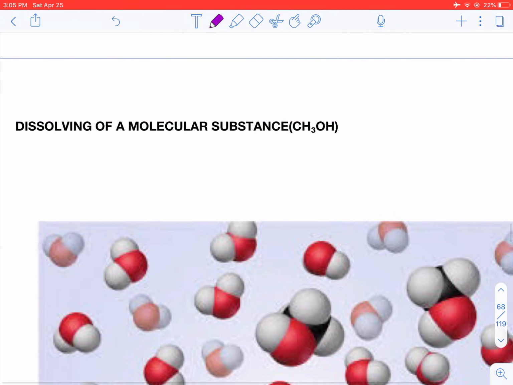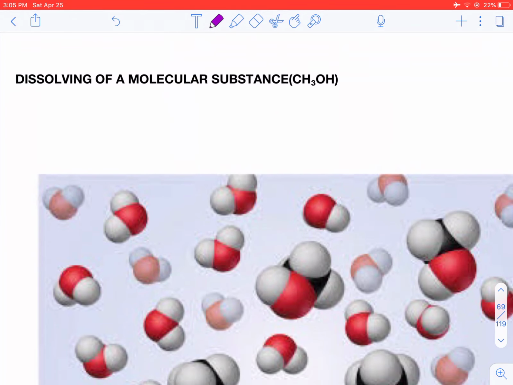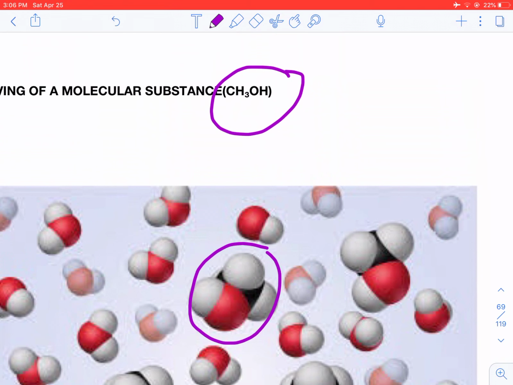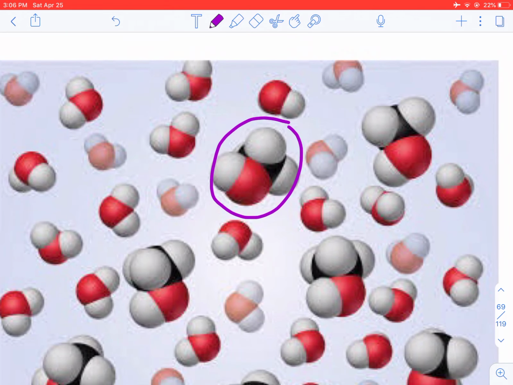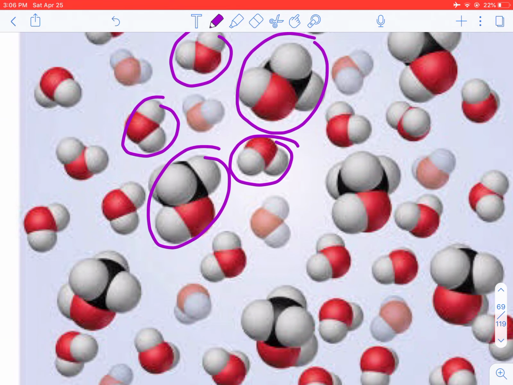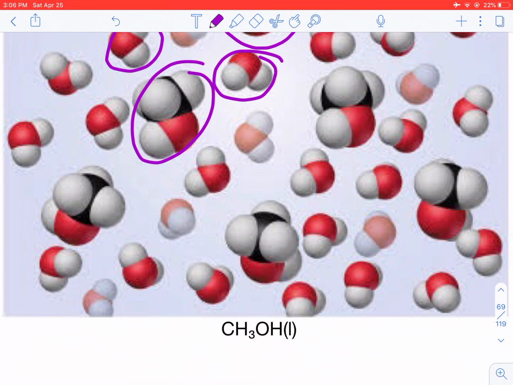Now let's look at another dissolving of a molecular substance, but this time we're looking at methanol. There you've got methanol, because methanol, remember, is CH3OH. Then you've got your water molecules, and it's not as if the water molecules are surrounding any ion.